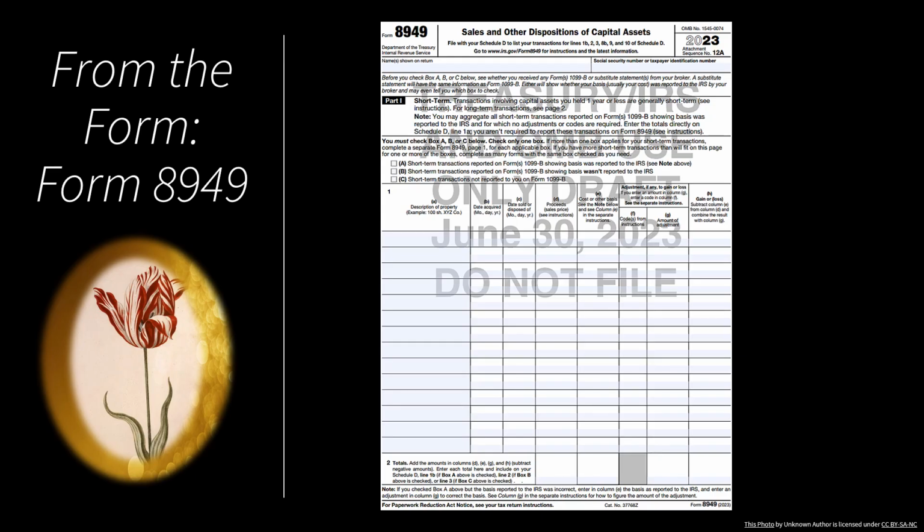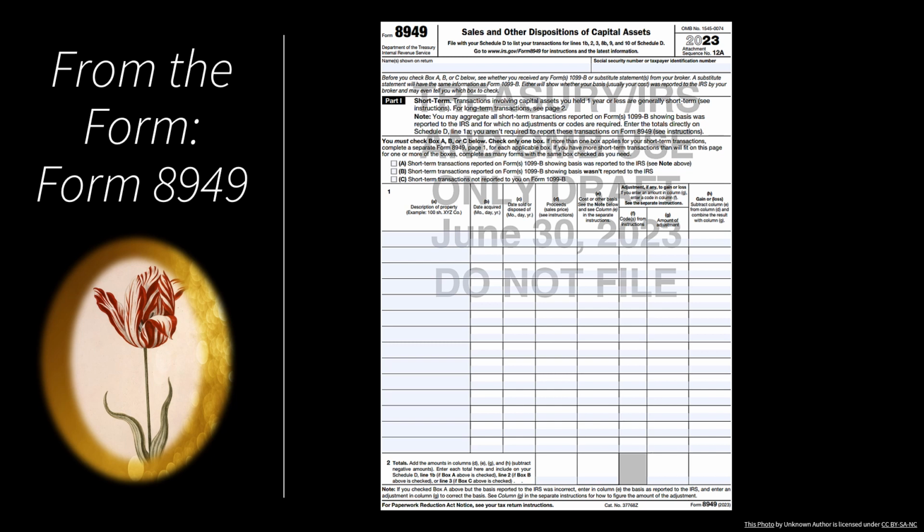So I know I keep referring to Form 8949, and you're probably thinking, what the heck is that? So here is what the 8949 looks like. You can see here, this is the front page of it, so it's Part 1 where short-term is reported. The back page of it is Part 2 for long-term transactions, and it looks really similar to this. You can see again that there are columns.